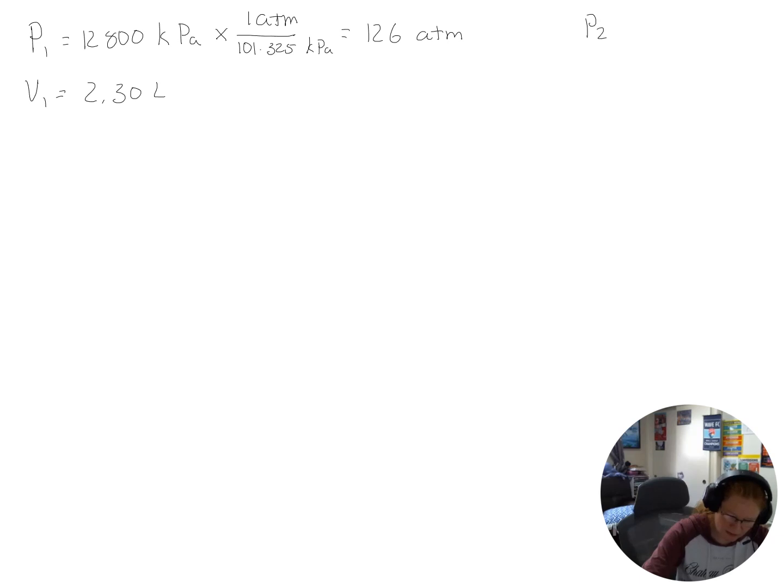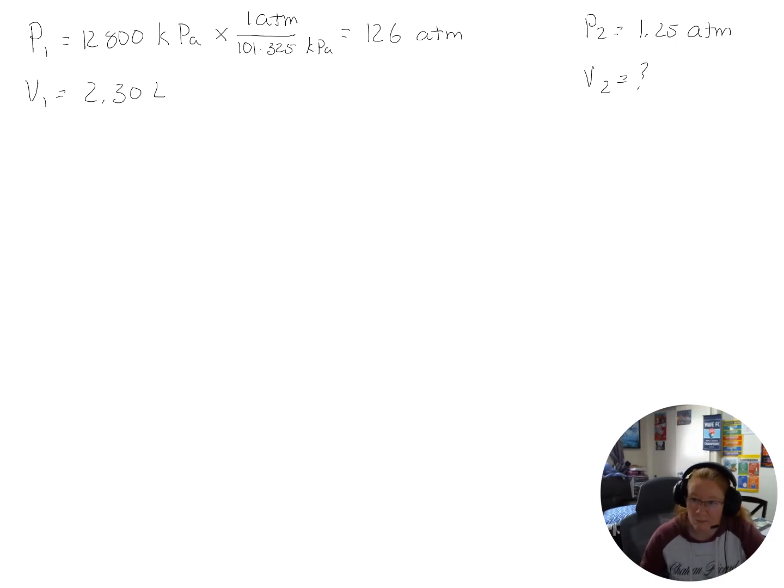My P2 is 1.25 atmospheres, because that's what we're filling each balloon to. And my V2, we don't know. Okay, so let's figure out what that V2 is so that we know exactly how much volume of gas we have to fill our balloons.